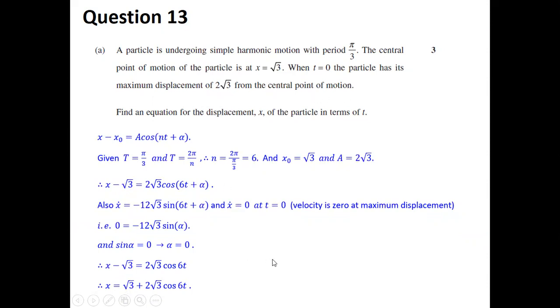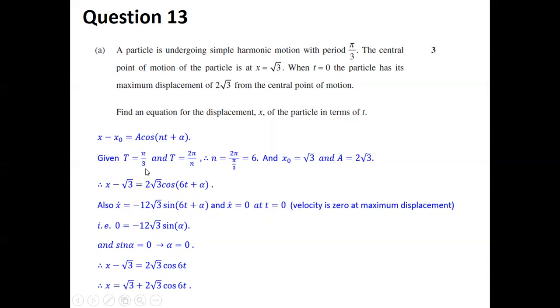The first solution here is the equation in terms of cos. The student has to recognize that the center of the motion here is x naught, and they have to find the amplitude and n as well as the initial phase. So students will come up with an amplitude of 2√3, n equals 6, and the center of the motion is √3.